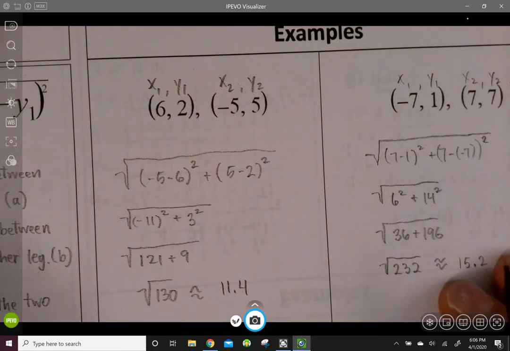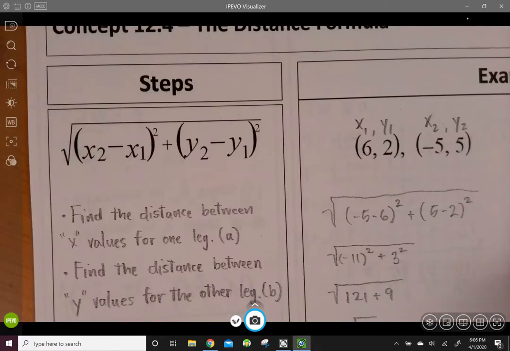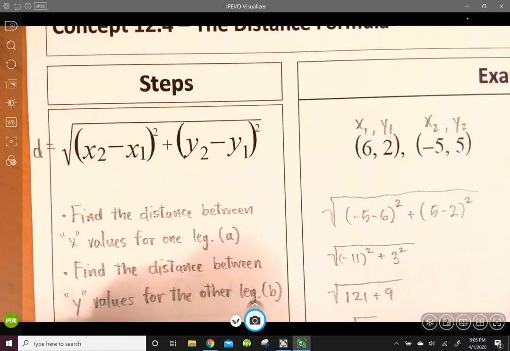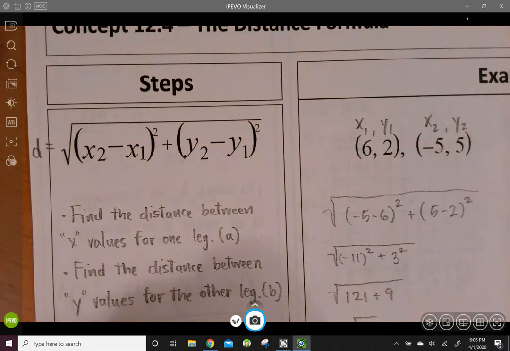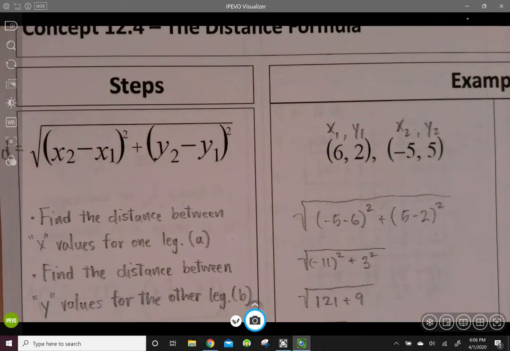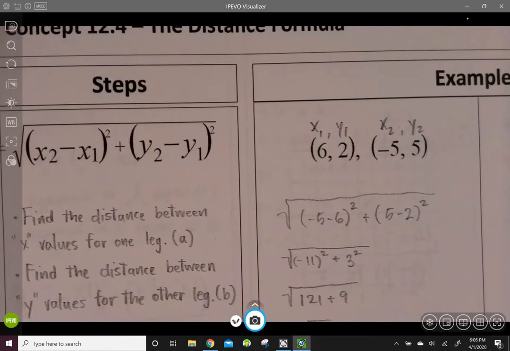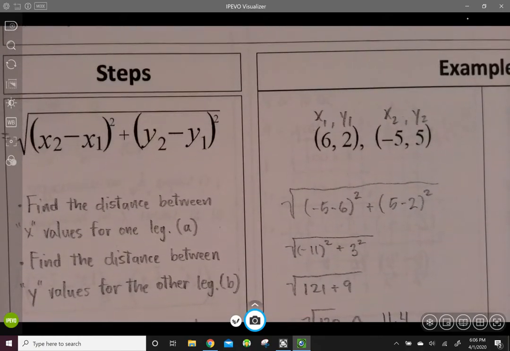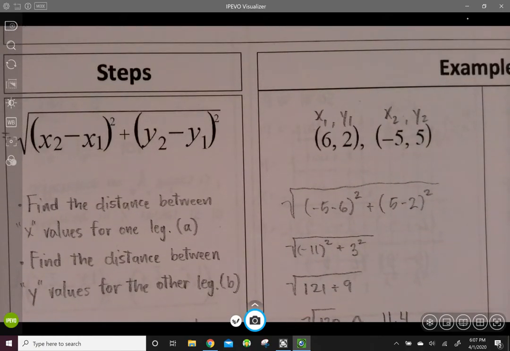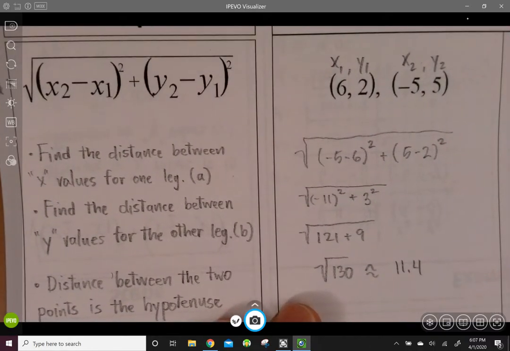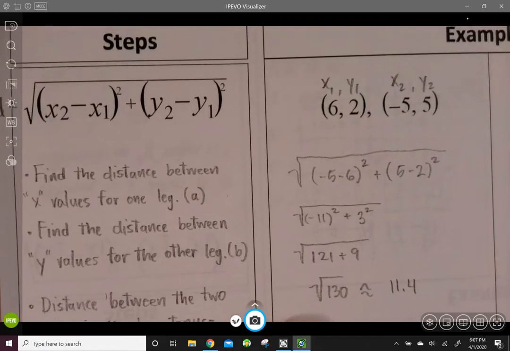The distance formula again, right over here: D is equal to the square root of x sub 2 minus x sub 1 squared plus y sub 2 minus y sub 1 squared. We're trying to find the distance between the x values for one leg and the distance between the y values for the other leg. And then the distance between the 2 points is the hypotenuse.